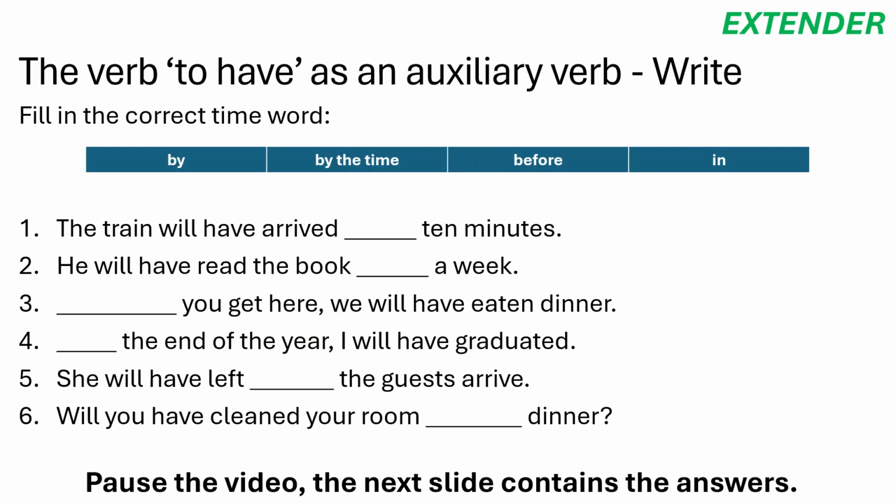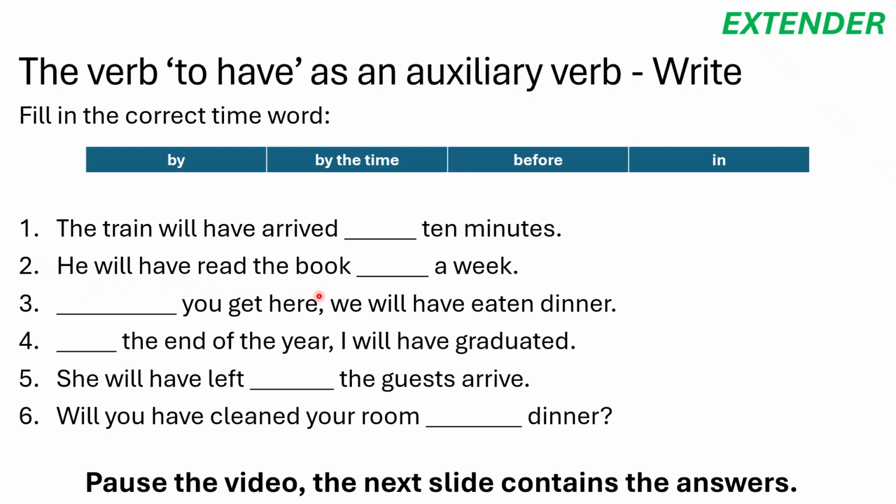Here is an extender for anybody who would like a challenge. Fill in the correct time word: by the time, before, in. 1. The train will have arrived ___ 10 minutes. 2.